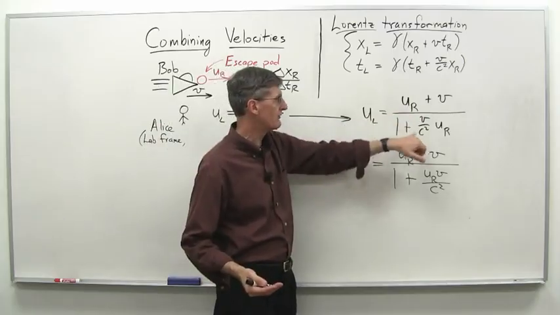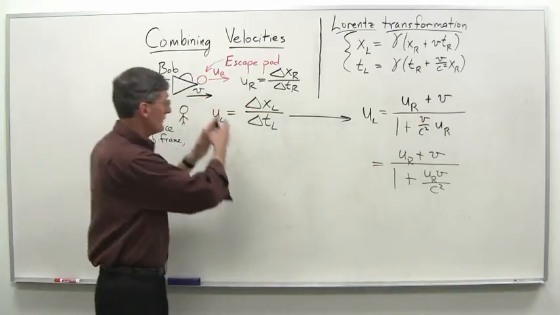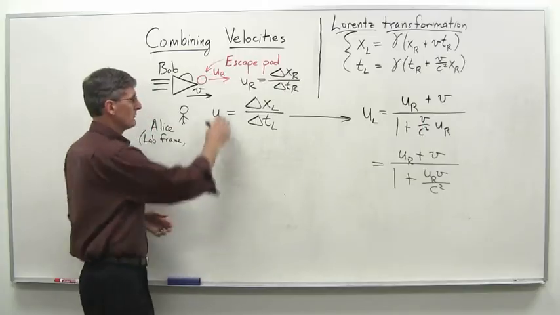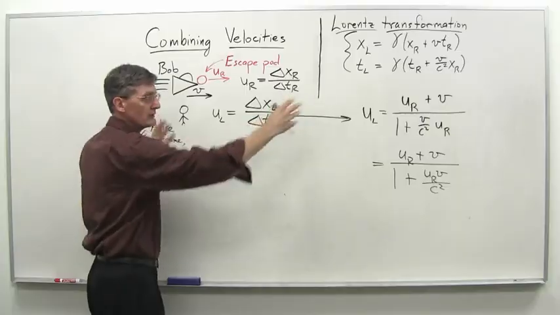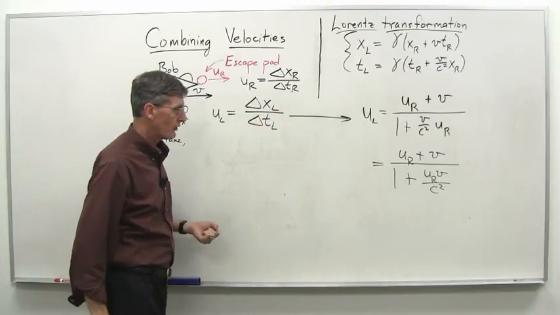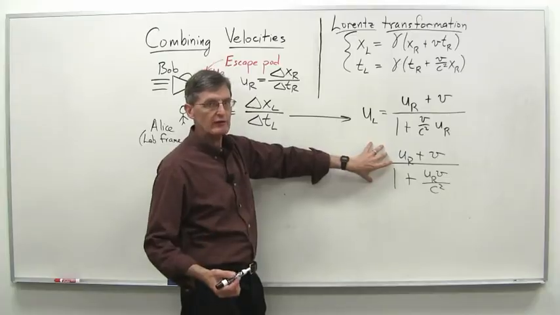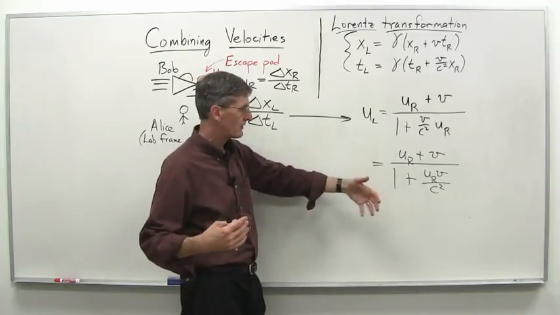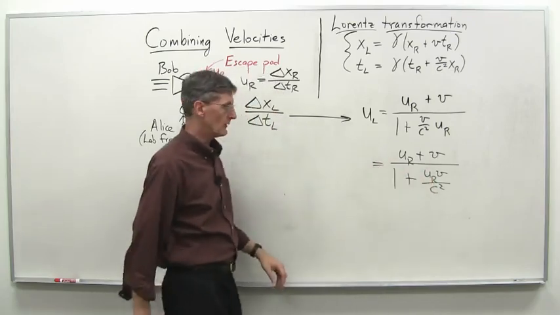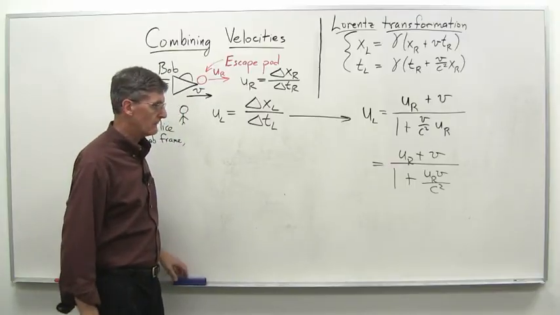This just becomes u sub r plus v over 1 when v, the relative velocity between the two frames of reference, and u sub r, the velocity of the escape pod, or the velocity of the object in the other frame of reference, is small compared to c. So we see that this reduces to our normal Galilean transformation, addition of velocities, when u sub r and v are non-relativistic, as we might say. In other words, not near the speed of light.